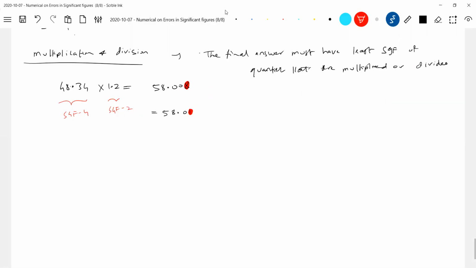The number dropped is less than 5, so the preceding digit should not be raised by 1. It will remain. So now this has to be dropped. So our final answer will be 58. Why only 2? Because how many significant digits are there? It is having 2.